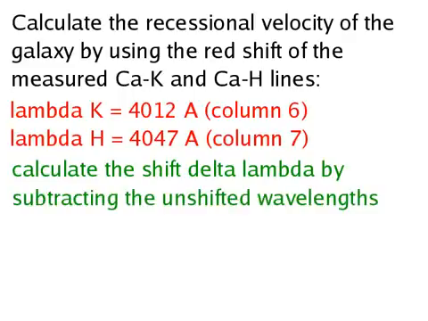Okay, and I'm just going to write those out. So for the unshifted, lambda K was equal to 3933.67 angstrom, and for the H line we get 3968.85 angstrom.